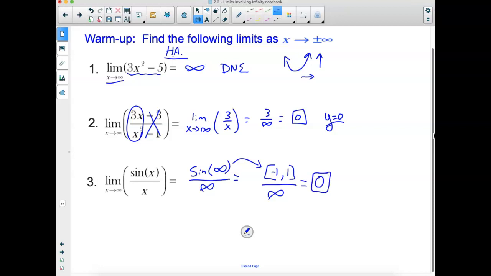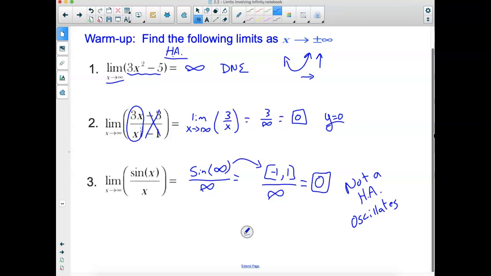Now remember, this is not a horizontal asymptote here, okay? That works with rational functions. This is not a horizontal asymptote because it oscillates. However, the limit is approaching 0.